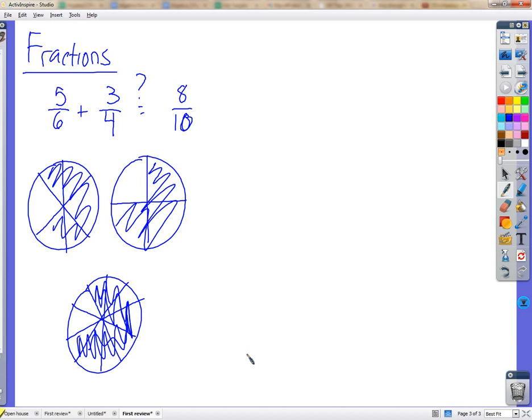When you say 8/10, let's just back up to 8. You have 8 things. Here's 5 things, and I want to talk about that with these. You can see, even visually, this piece is not the same as this piece. So if I try to say I have 8 of them, 8 what? Imagine this.